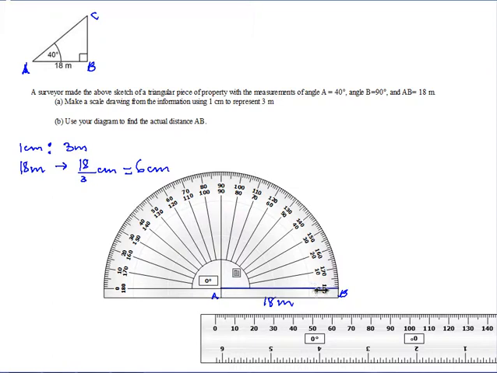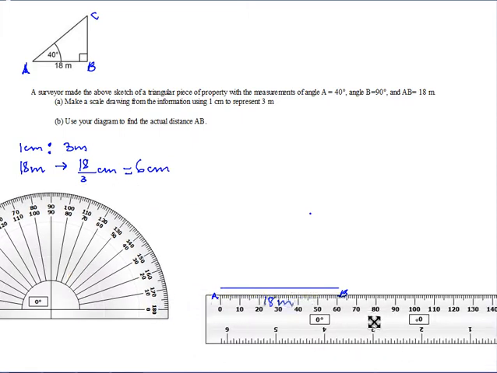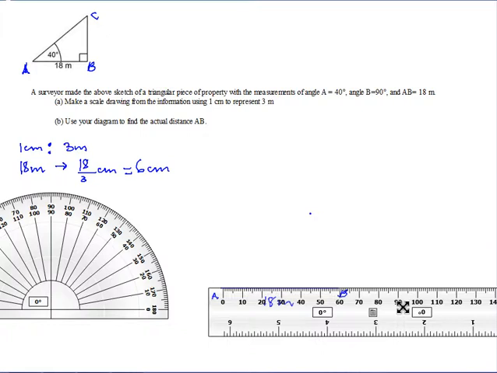You start at 0, so you use this 0 here, and use the inside numbers up to 40 degrees. That's it right there. So make a dot on your 40. So we need to draw the line now through that dot. That line will give us a 40-degree angle with the line AB at the point A.